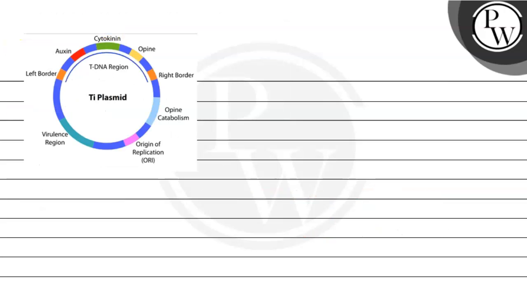So the disease causing agent of the Agrobacterium tumefaciens is the presence of the Ti plasmid present in these bacteria. So the Ti plasmid, known as the tumor inducing plasmid, has basically two regions which cause the crown gall disease. So the first one is the tDNA region.